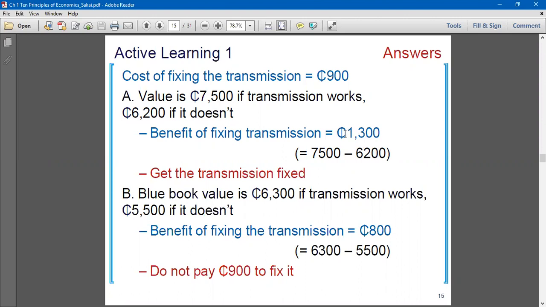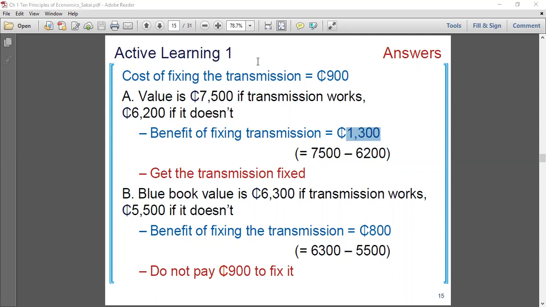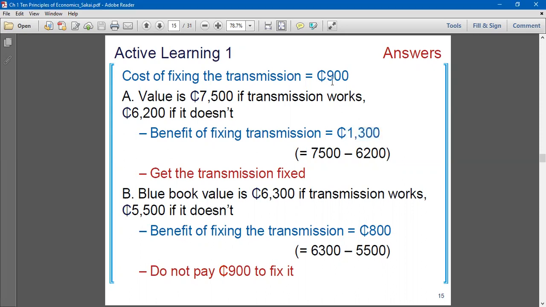That gives us 1,300 Ghana cedis, which is the benefit, and it is more than the cost. The cost of fixing the transmission is 900. So if it were you, would you fix it or not? You fix it because the benefit is more than the cost.